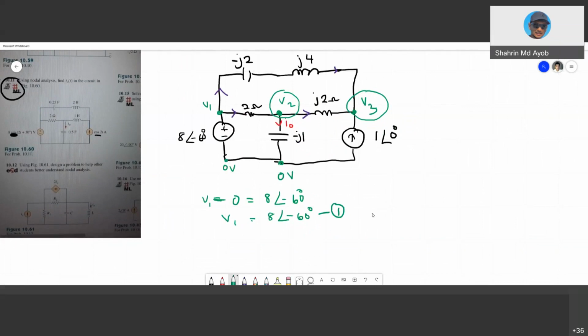Next is KCL at V2. Okay, KCL at V2. So you have one current input and two current outputs. So V1 minus V2 over 2 is equal to V2 minus 0 over negative j1, and then plus V2 minus V3 over j2.